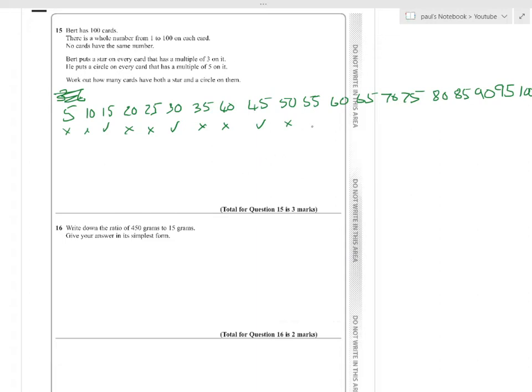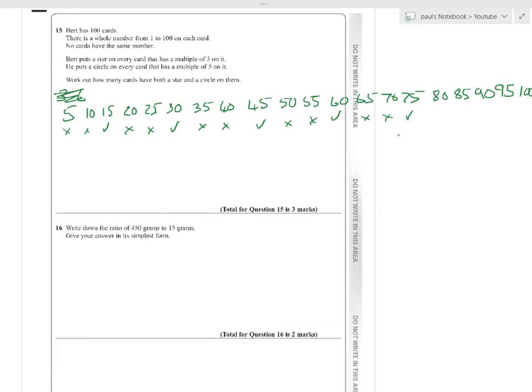Nope. 60 does. 70 divided by 3, no. 75 divided by 3 is 25. So that's no, that's yes.